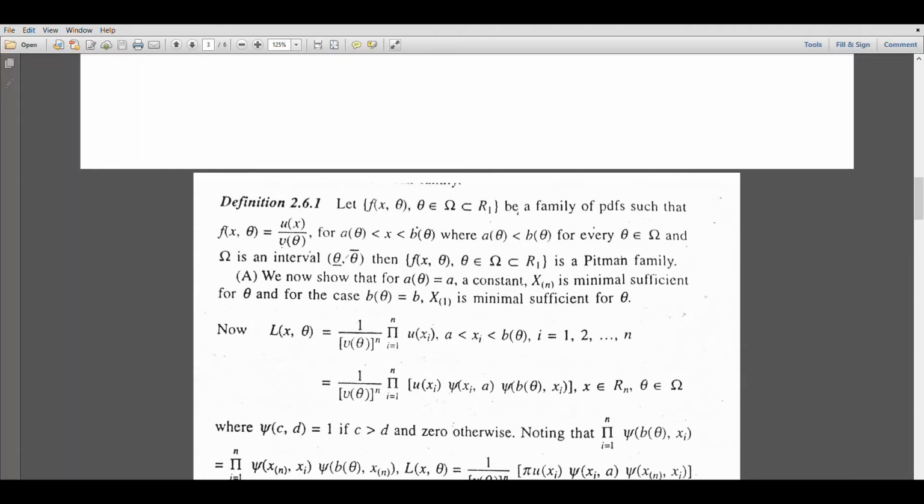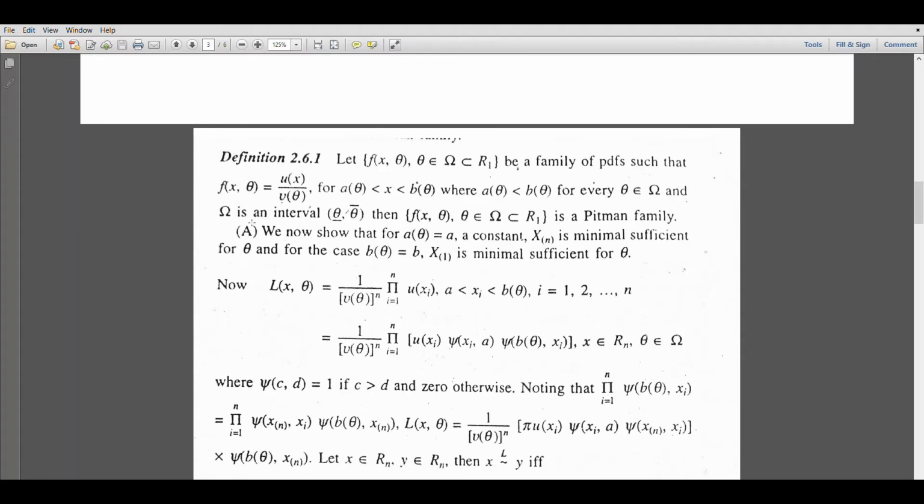Every distribution belonging to the Pitman family will contain common properties, and in this video we will discuss mainly how to find the minimal sufficient statistic for the members of the Pitman family. In case 1, we are considering the case where the lower limit a(theta) is a constant.